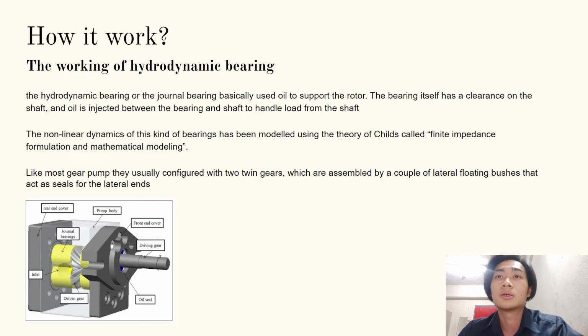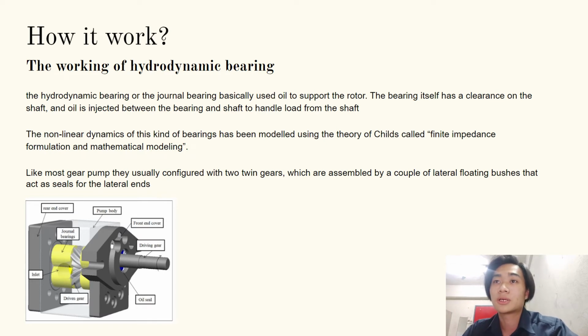Like most gear pumps, they are usually configured with two twin gears, which are assembled with a pair of lateral floating bushes that act as a seal for the lateral ends. Gear and floating bushes are jointly packed inside a case that encloses both components and defines the isolated space that carries the fluid from the low to the high pressure chamber.